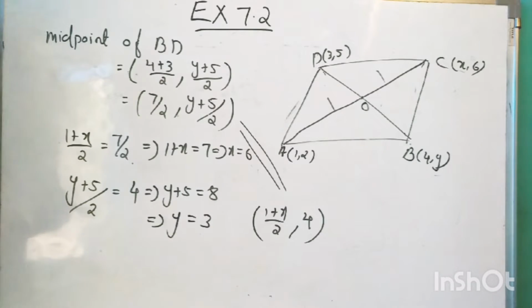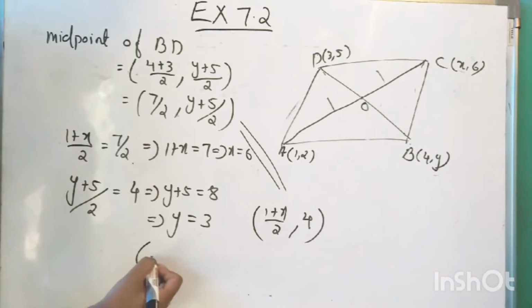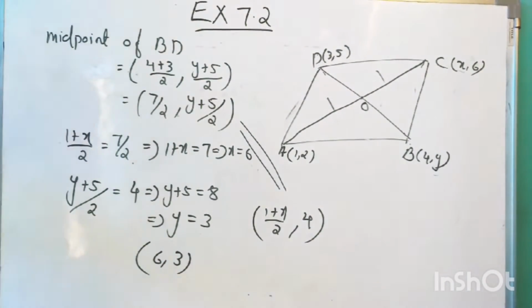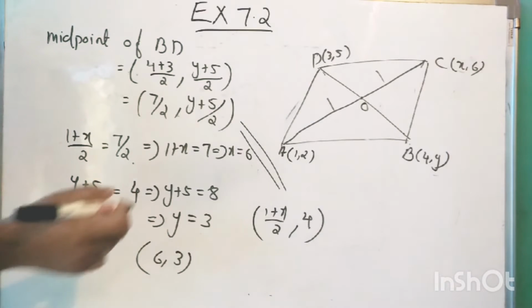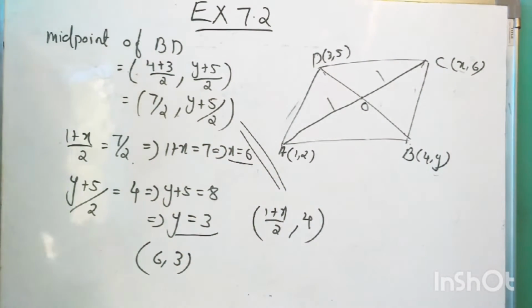So the coordinates of O are (6, 3), and the value of x is 6 and the value of y is 3.